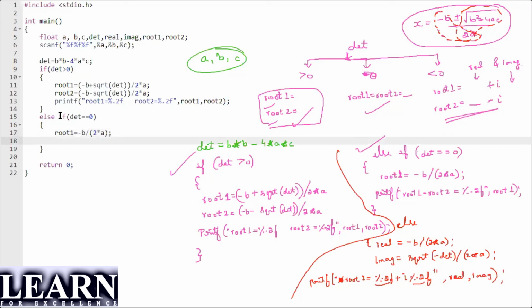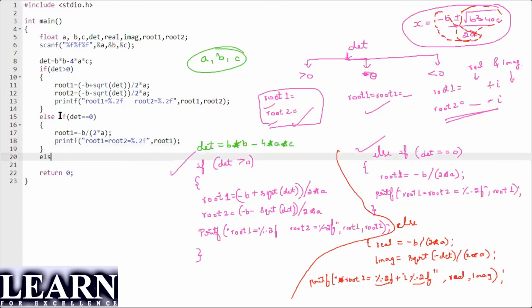And I can write printf: root 1 equals root 2 equals percentage point 2f, percentage point 2f. What is this value? I can give out root 1. So we are done with the else if condition.